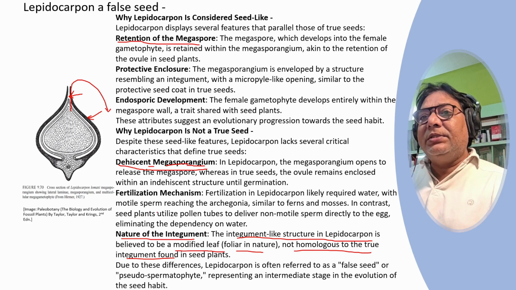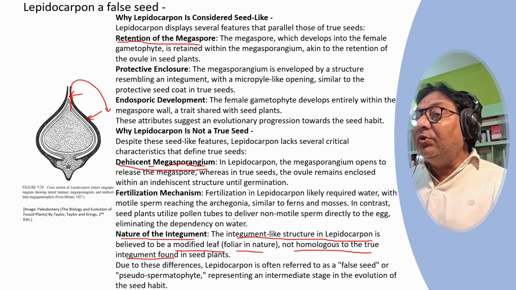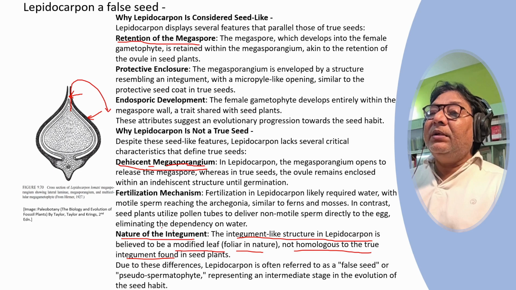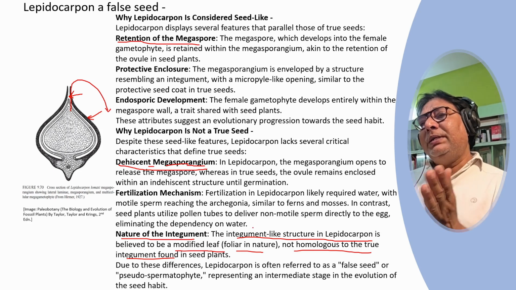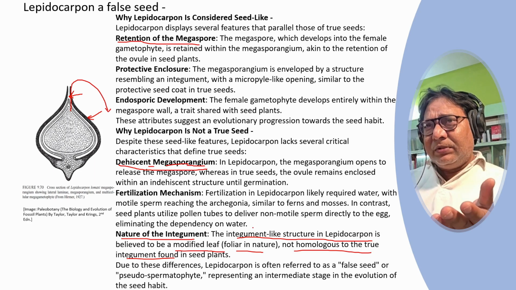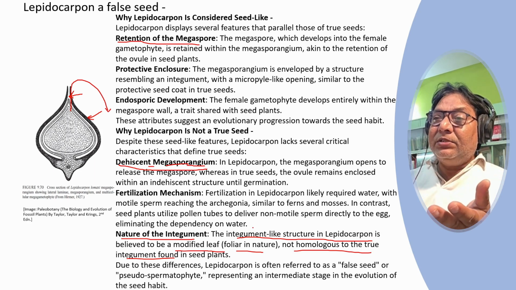In contrast, seed plants utilize pollen tubes to deliver non-motile sperm directly to the egg, eliminating the dependency on water. So on one side, we are defining a seed. In case of a seed, the method of fertilization is through the pollen tube.